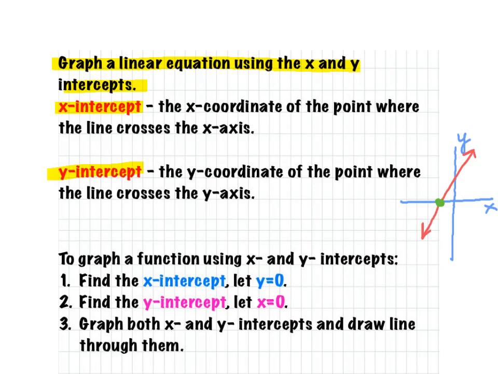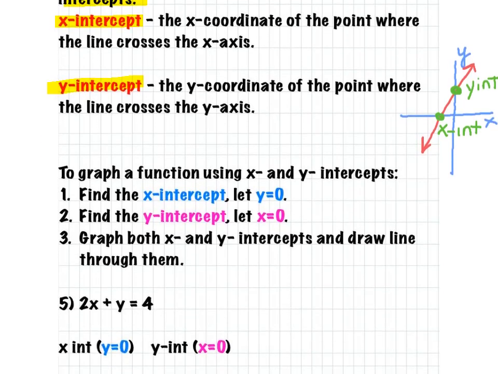So this would be the x-intercept, whatever point that is. And in the same way, this would be the y-intercept, that point where the line crosses the y-axis. Whatever the y value is, where your equation passes through it, that's your y-intercept. I just wanted to give you a picture of the definition.